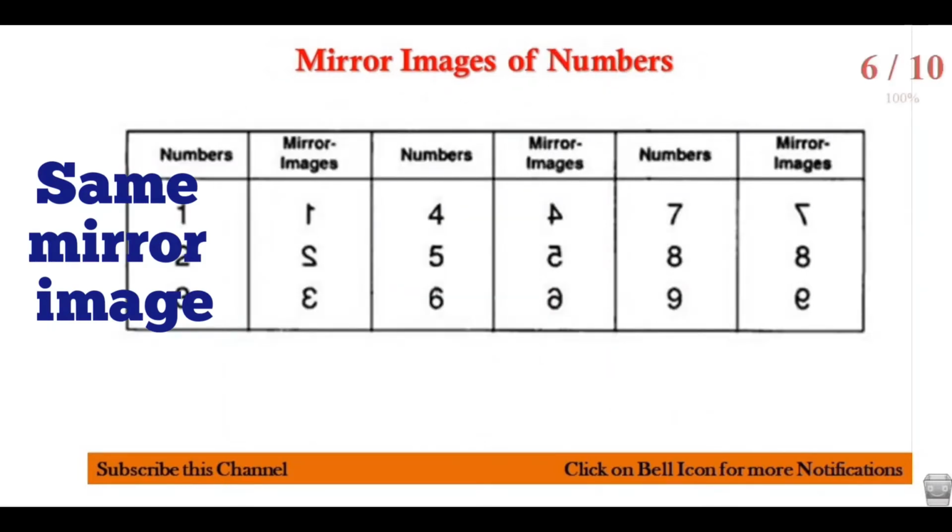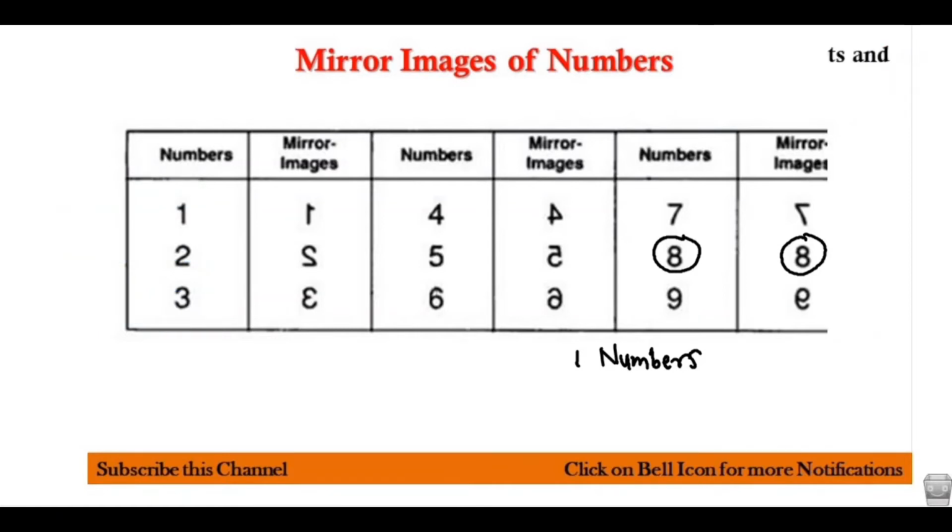Also in the numbers we know that only one number gives the exact replica of the mirror image, that is number 8, only one number. So considering all these points, in capital letters 11, in small we are having 7, and in the numbers we are having one number which is reflected the same. Based on this we will solve some problems.